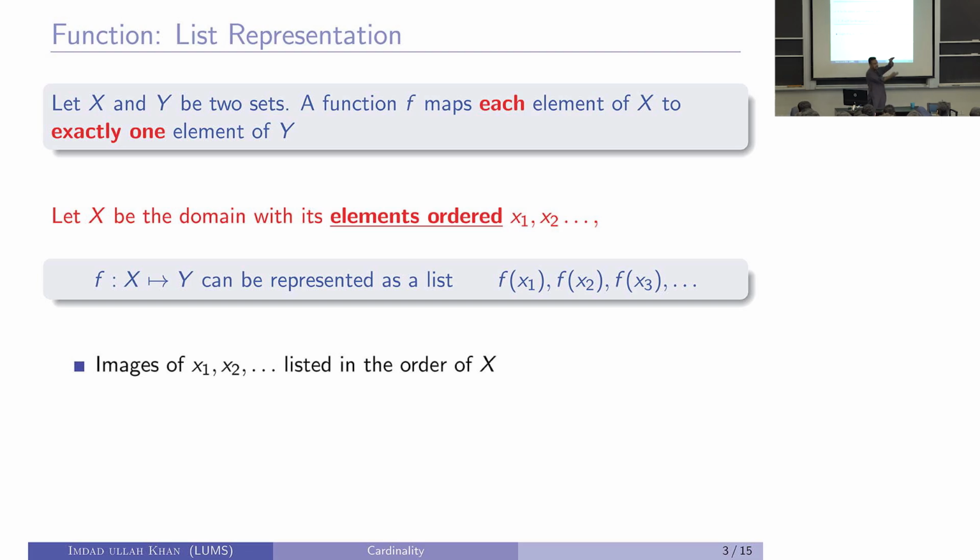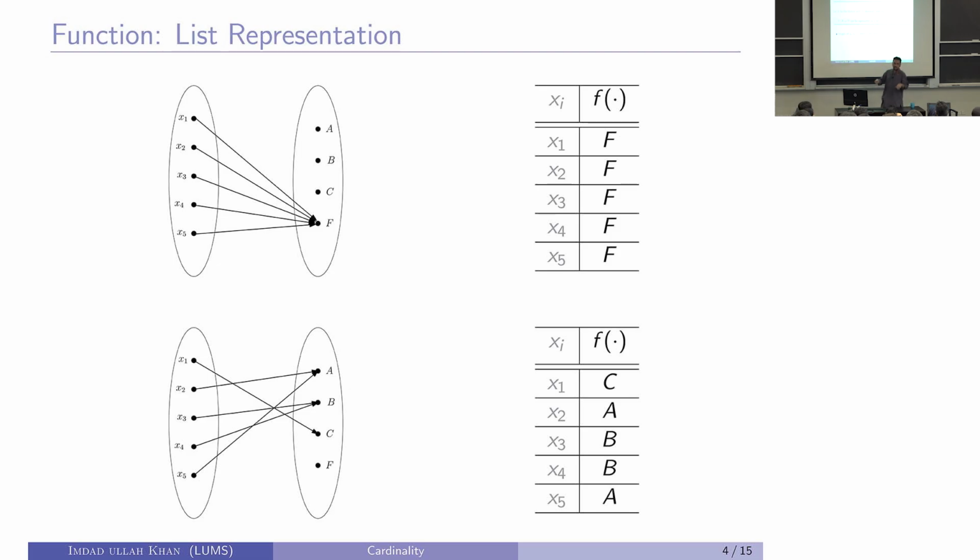And then you just write in an ordered list form a sequence of images. So, the first thing you write is the image of x1, the second you write the image of x2, then f of x3, f of x4, f of x5. That could be a representation of function, right? So, essentially just images listed in the order that was imposed upon x.